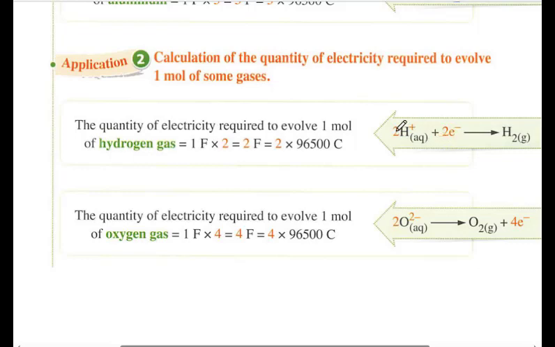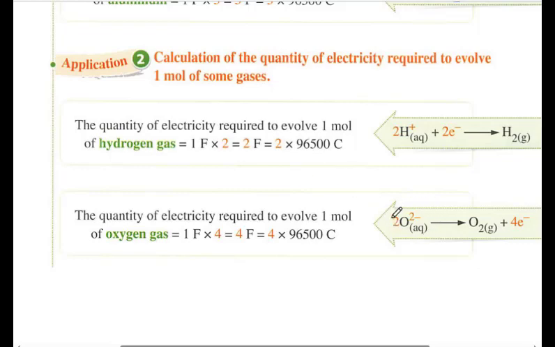So 2 hydrogen ions here require 2 moles of electrons to form 1 mole of gas. So 1 mole of gas formed at any electrode requires 2 moles of electrons. It requires 2 Faradays, which equals 2 times 96,500 coulombs.